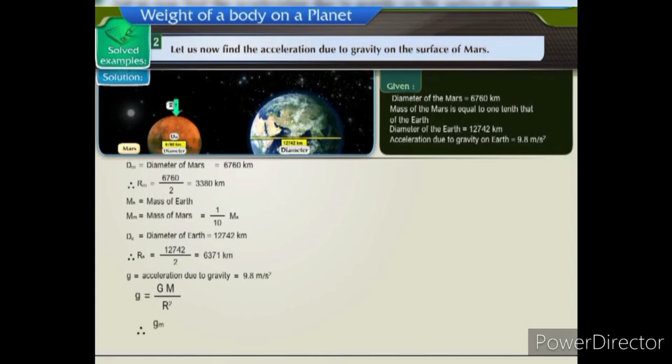Therefore, gm upon ge is equal to Mm upon Me into Re upon Rm the whole square.